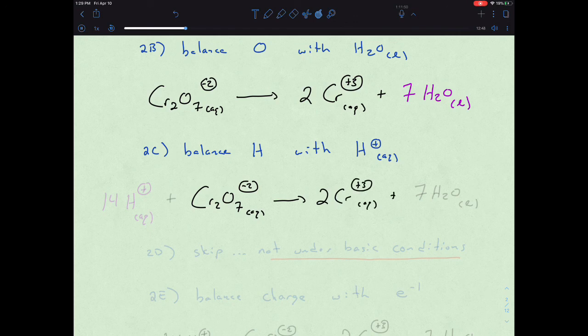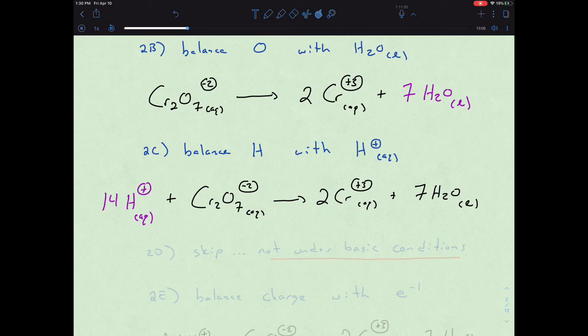We have the 7 H2Os. So that would be 14 hydrogens that we have to balance out. And so that is what we're now putting on the starting material side.